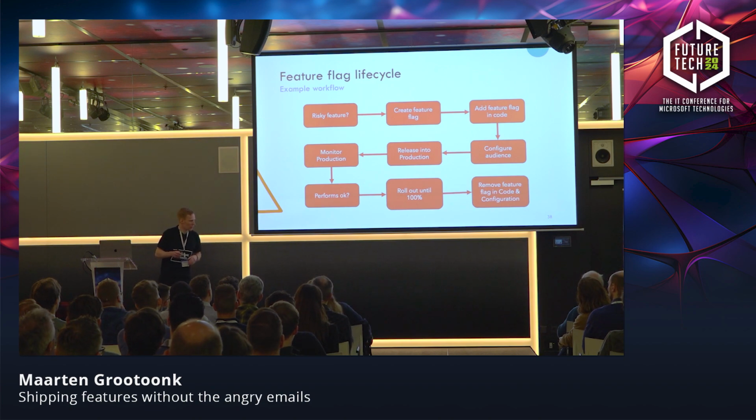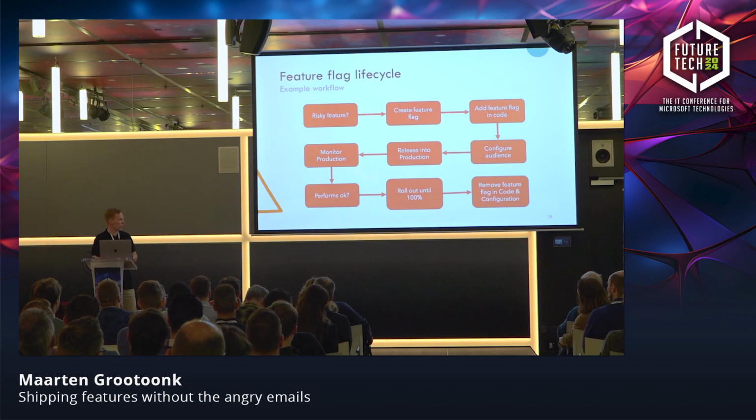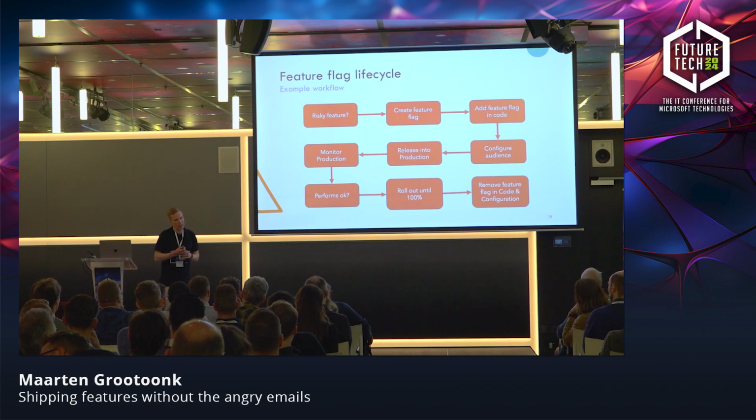The removing part can be quite tricky, because let's say you have a banner that is visible for a month. You have to keep track of how long has this code been active and do we still need it. Azure App Configuration doesn't really offer a solution for this. There's no real way to track what features are currently activated and used.